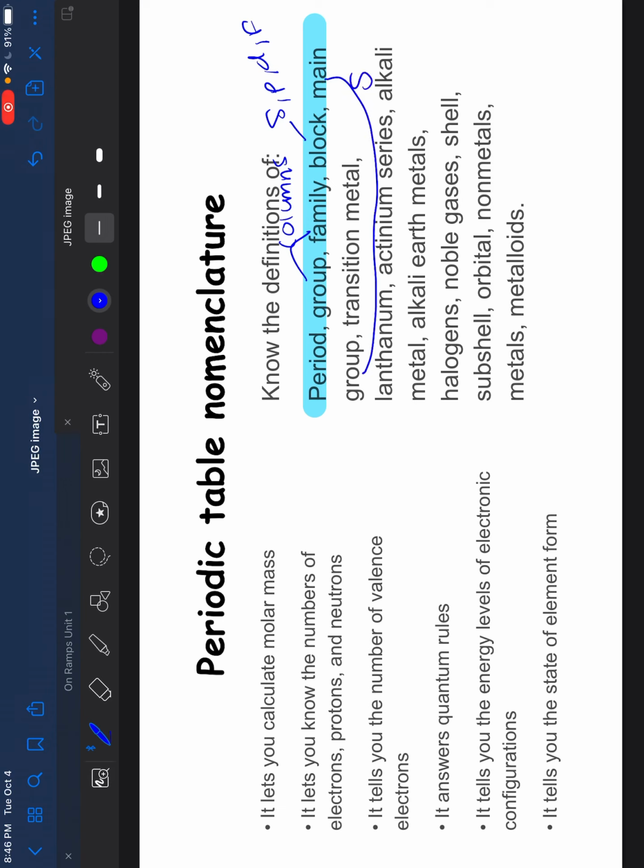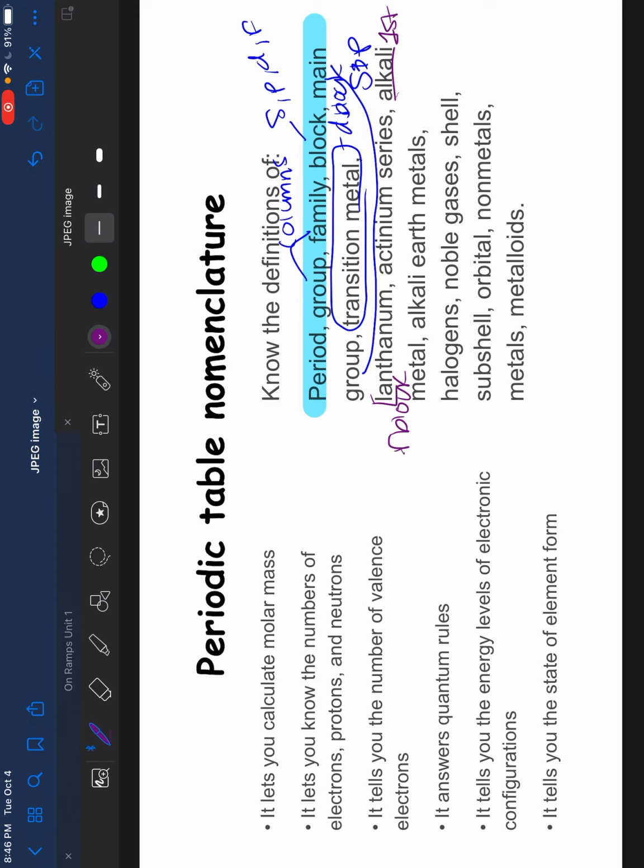Main group are S and P blocks. Transition metals are your D block. Lanthanide and actinide series are going to be your F block on the bottom.